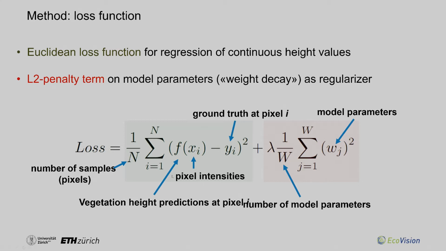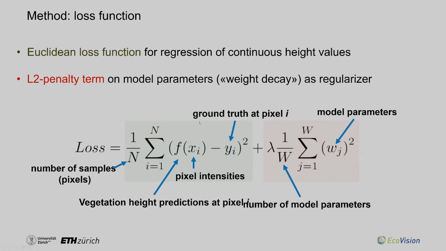And what we have here is basically this Euclidean loss plus an L2 penalty term. So in order to make sure to not overfit to our training data too much and have exploding values and parameters, we try to keep the squared parameters low, which is called weight decay in deep learning lingo.